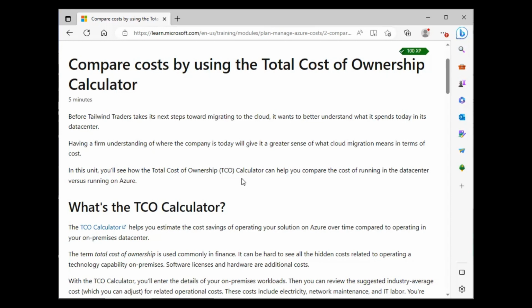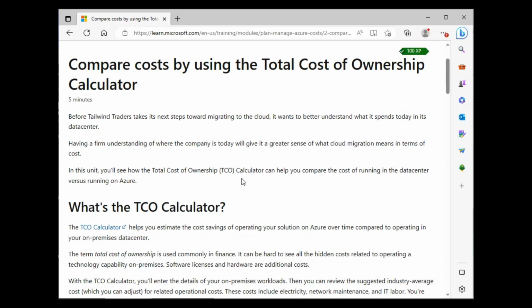Having a firm understanding of where the company is today will give it a better sense of what cloud migration means in terms of costs. In this unit, you will see how the total cost of ownership, TCO, calculator can help you compare the cost of running in the data center versus running on Azure.